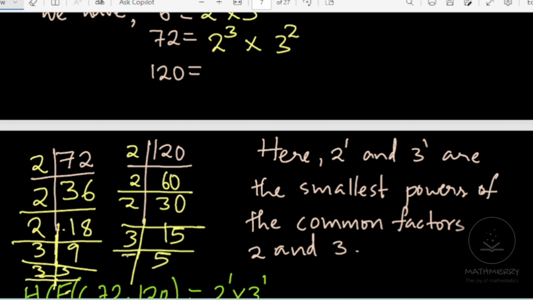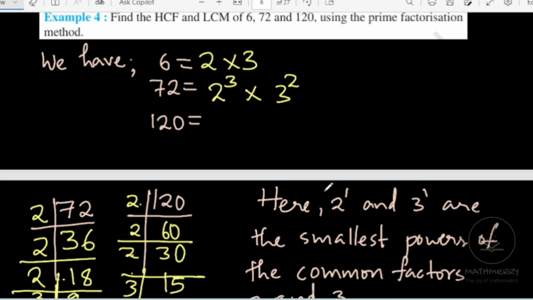Now 5 can only be divided by 5 itself, so that's it. So we have 2 three times, 3 one time, and 5 one time. So 2 raised to 3 into 3 raised to 1 into 5 raised to 1. That's our prime factorization for 120.